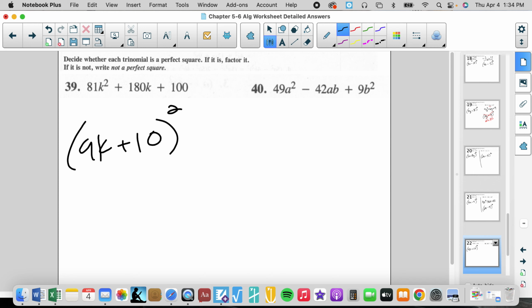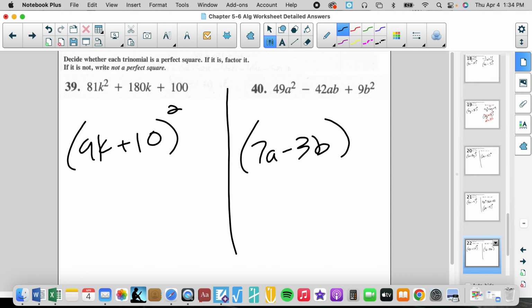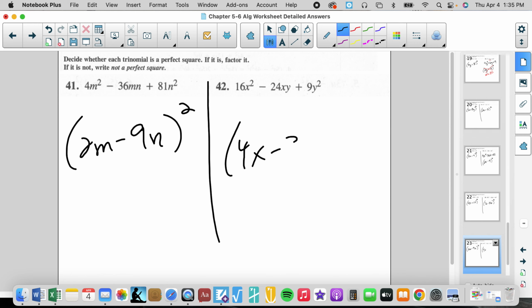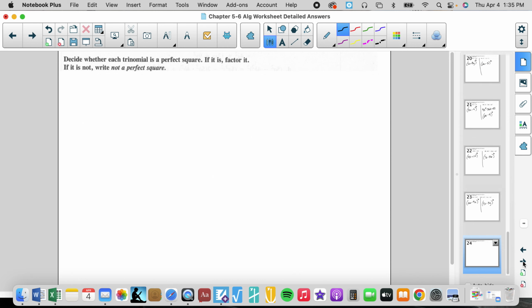Quantity squared is 90, doubled is 180. 7a minus 3b, quantity squared, that gives me negative 21ab. Doubled is negative 42ab. 2m minus 9n, quantity squared, negative 18mn. Doubled is negative 36. 4x minus 3y, quantity squared, negative 12. Doubled is negative 24.